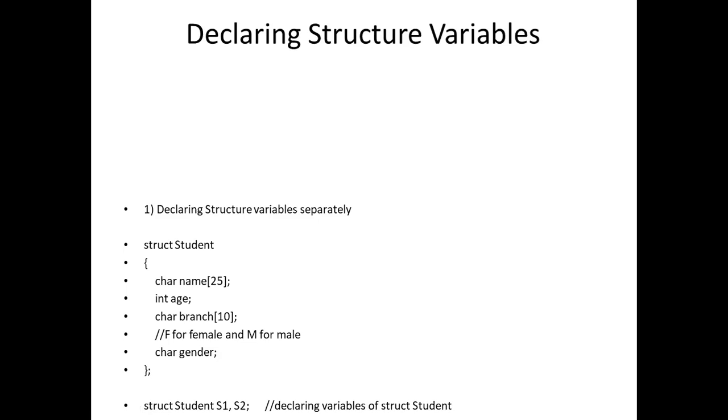At the time of these lines, memory is not allocated; just a template is created. Only at the time of declaring a variable is the memory allocated. Until you write the line struct student s1, s2, at that instant, no memory allocation takes place.